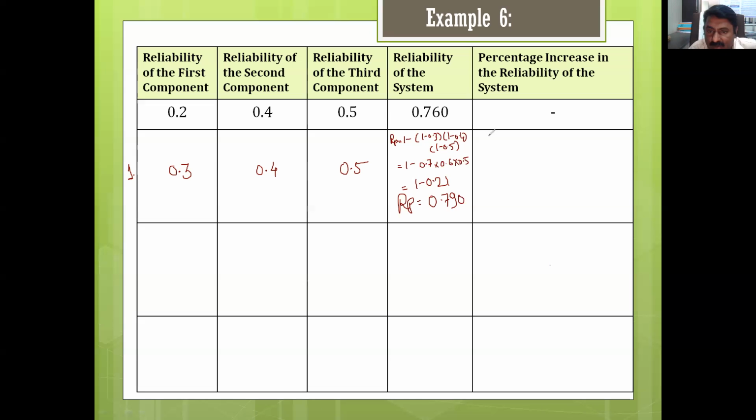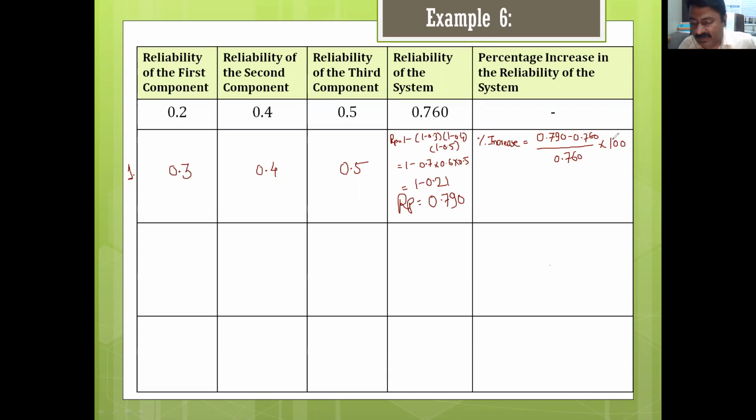What we want to calculate? We want to calculate the percentage increase. Percentage increase is equal to (0.790 minus 0.760) divided by 0.760 into 100.